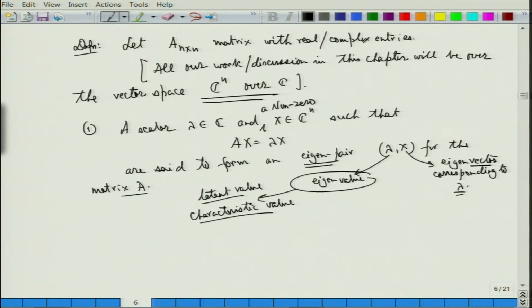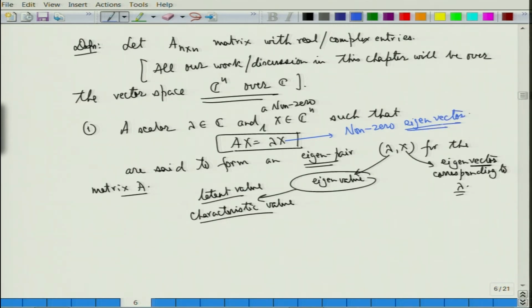Latent root, latent value, characteristic root, characteristic value, there are so many names, but the idea is simple: you are looking at the system Ax is equal to lambda x and you want lambda to be a complex scalar and x to be a non-zero eigenvector. X has to be non-zero; the zero vector is not allowed. Fine.